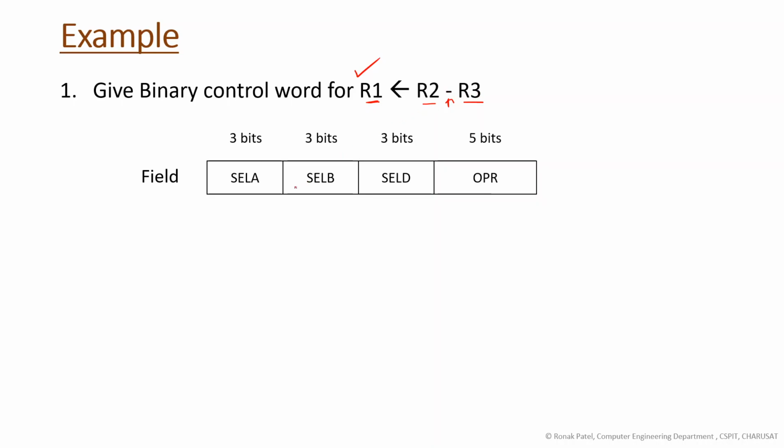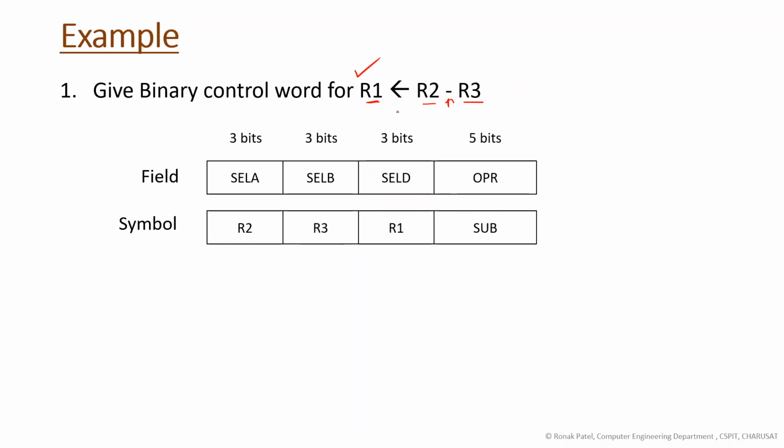The control unit will generate this control word and pass it to the CPU, and based on that this operation will be performed. So these are the fields. Now what you require in cell A: R2 must be selected. For the second operand R3 must be selected. What is the destination? It is R1, so R1 must be selected. And the operation, what is the operation you want to perform?